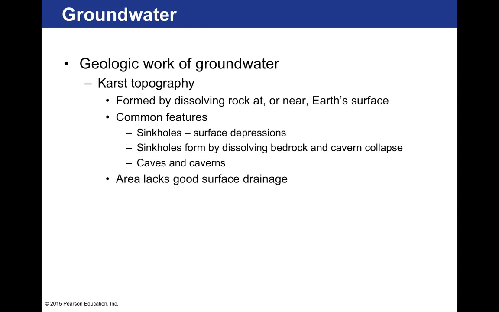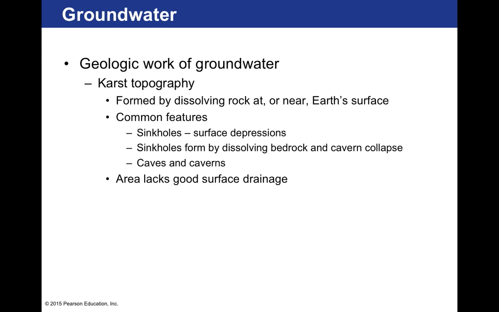These are formed by dissolving rock at or near the Earth's surface. Some common features in these areas would be sinkholes, which are just surface depressions. Sinkholes form by dissolving the bedrock, and then you have a cavern that's formed, but then that cavern collapses to form a large depression in the ground.